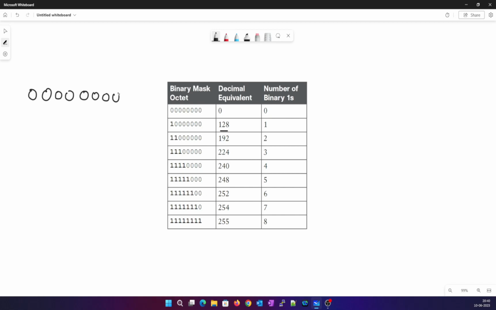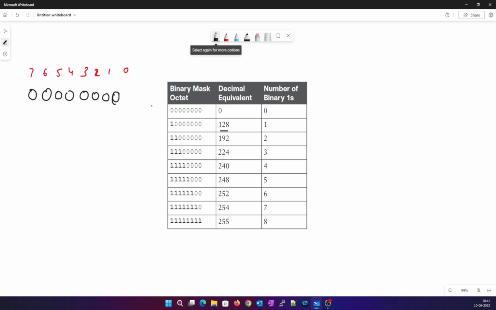The last bit would be the 0th bit. The next is the first bit, second bit, third bit, fourth bit, fifth bit, sixth bit, and the seventh bit.